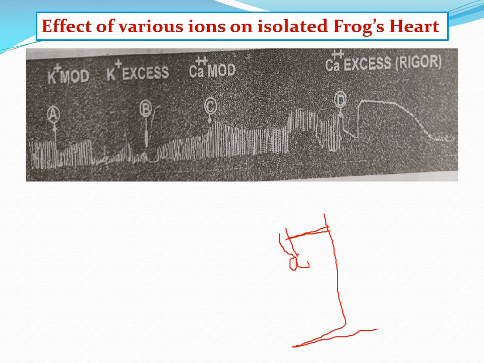Means in the aorta you insert the tip of the cannula, so the heart will be here. See the position of the heart. Then our lever is attached here. So see the Starling heart lever, and in this way, try to understand, the spring is there and the heart is attached here.